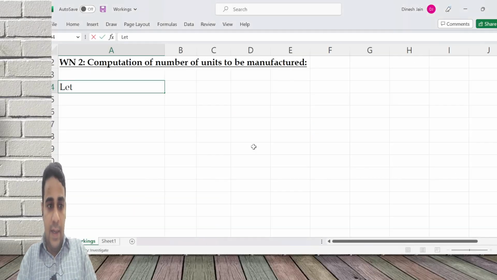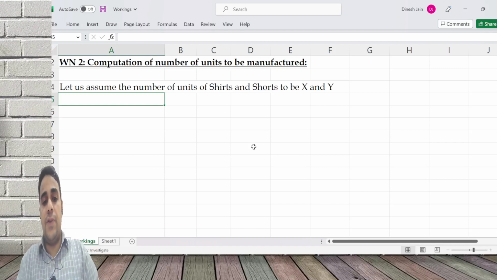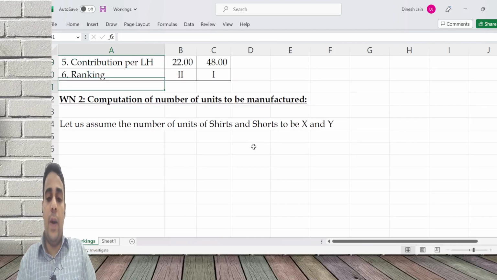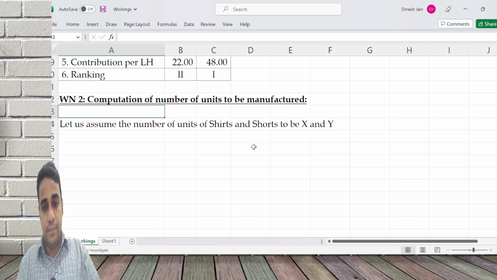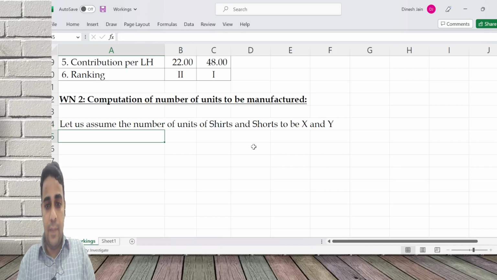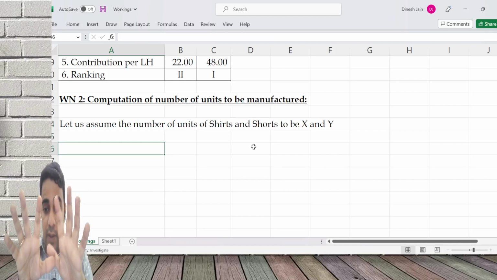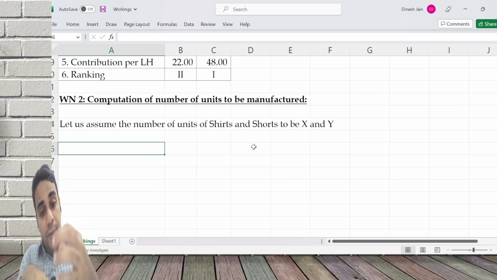Now listen. Let us assume the number of units of shirts and shorts to be X and Y. My priority is to manufacture shorts, which means the number of shirts will be at least 25% of shorts.